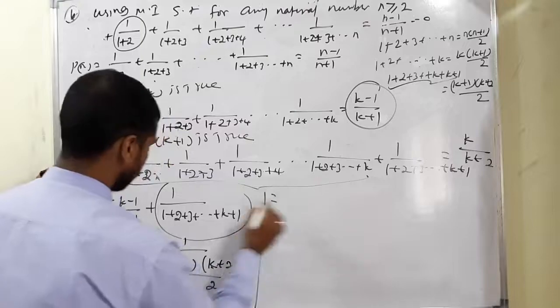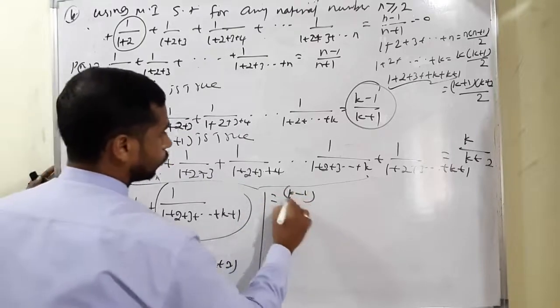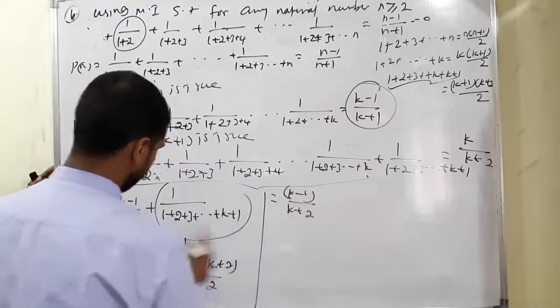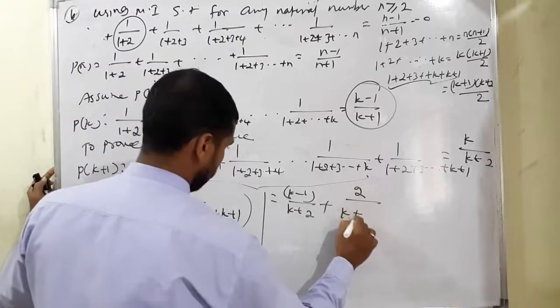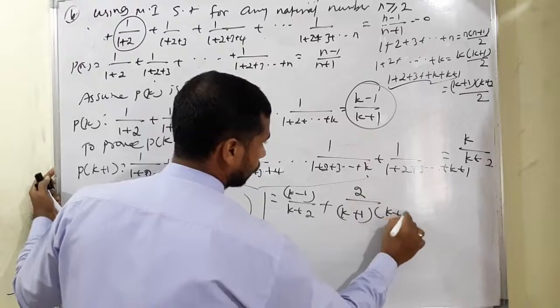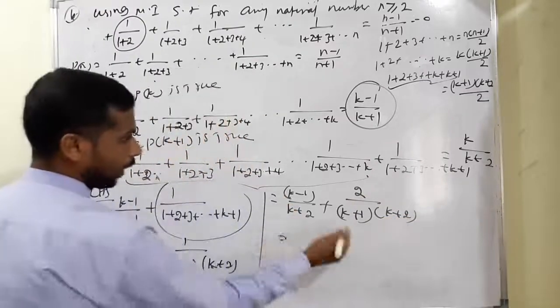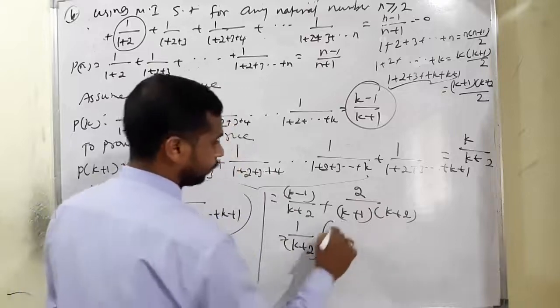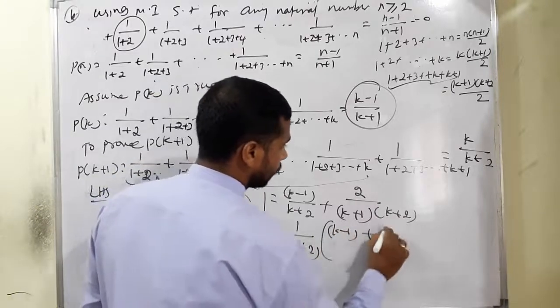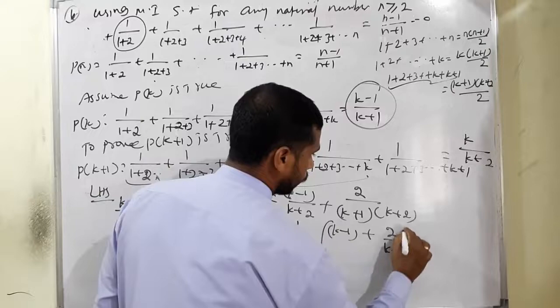Therefore (k minus 1) over (k plus 2), then plus the reciprocal, which means 2 divided by k plus 1 into k plus 2. Now take 1 by k plus 2 common outside, which means k minus 1 plus 2 by k plus 1.